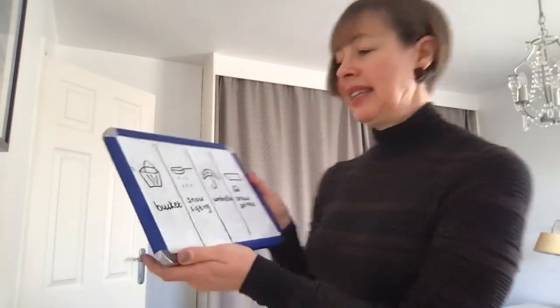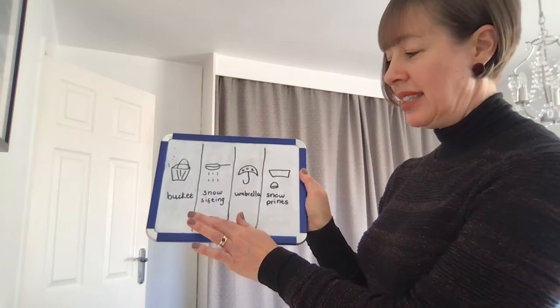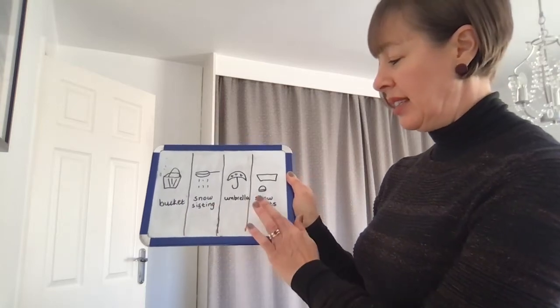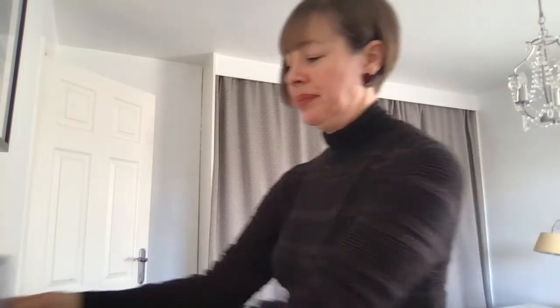And my fourth is my tabletop activity. So I've got bucket, snow sifting, umbrella, then snow prints. And I would show that to the children. And then time for bucket.